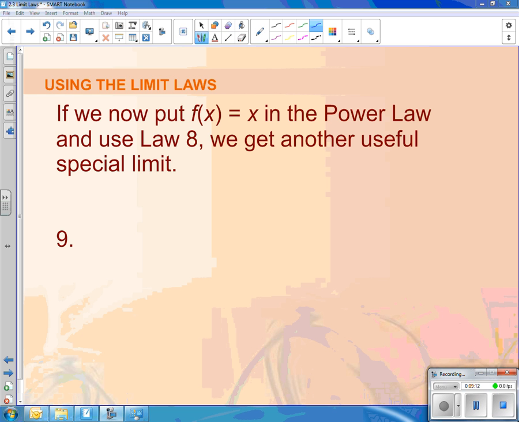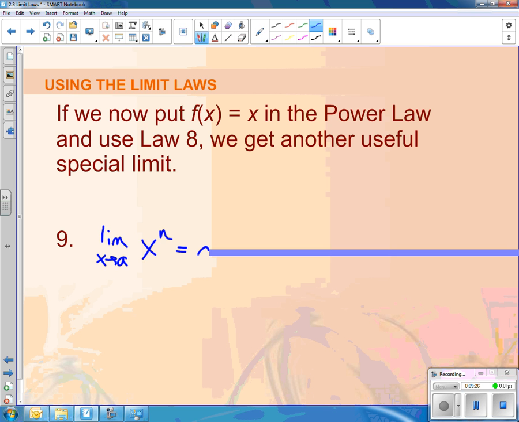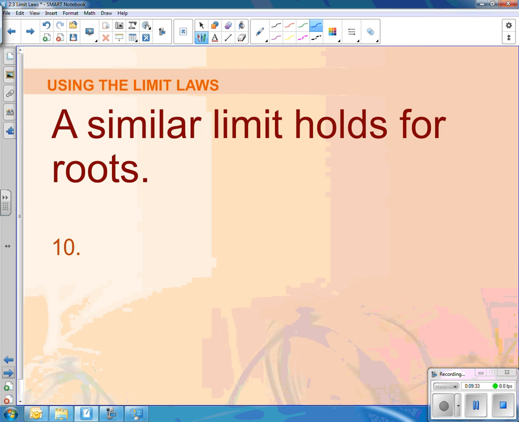All right, we're up to law number 9. If we put f of x equals x into the power law and we use law 8, the one we just looked at, we get another useful limit. So the limit as x approaches a of x to the nth power is going to equal a to the nth power. Okay, I'm going to keep going. A similar limit holds true for roots.